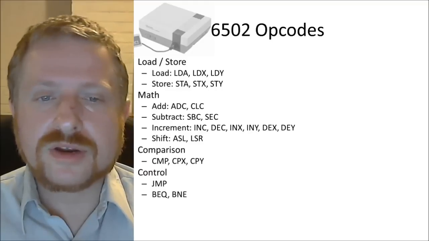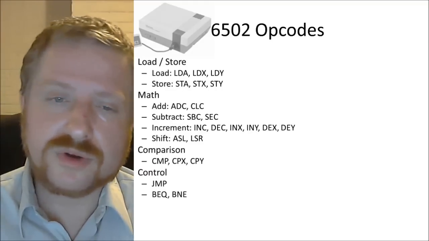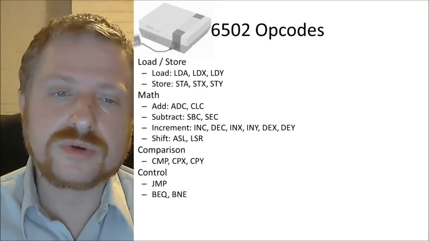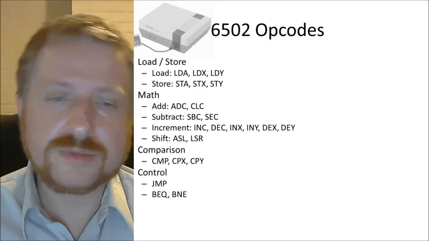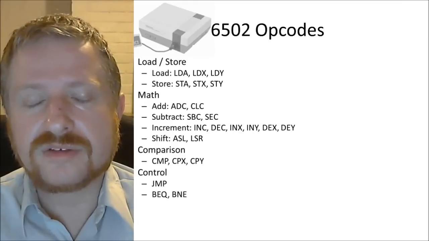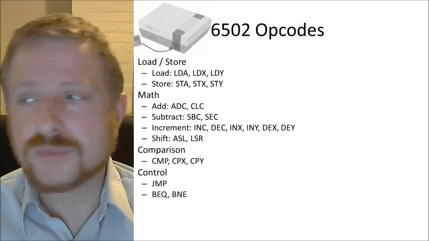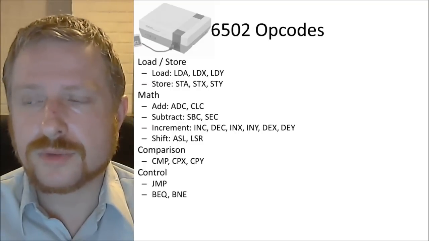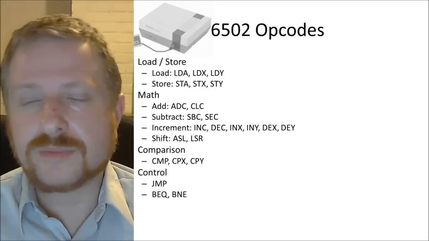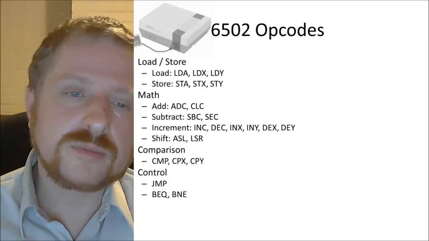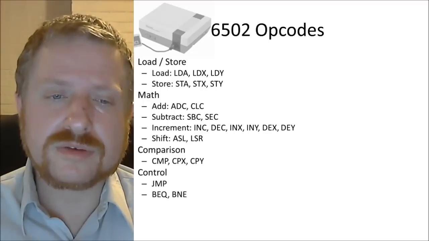You can also increment and decrement, basically adding 1 or subtracting 1 from the value that's currently stored in the register. And also you have a shift, which shifts the bits in your value, and that's essentially multiplying or dividing by 2. So you don't have a multiply, but you can multiply by 2. But you don't have any of the advanced math functions such as modulo or power or things like that. You got to write those on your own.